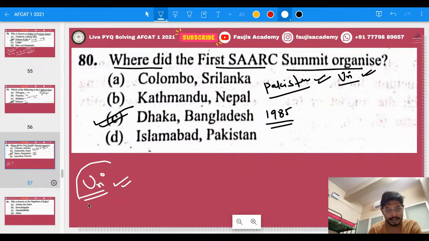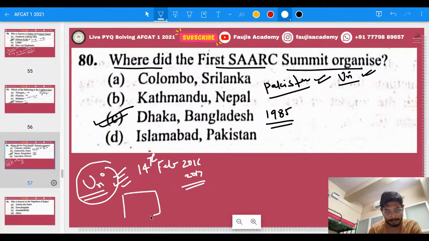The Uri attack happened on the 14th of February, I think in 2016 or 17. I'm not quite sure, you need to remember this one. What exactly happened? The paramilitary forces were in two buses, and there was a Fidayeen, or Mujahid.